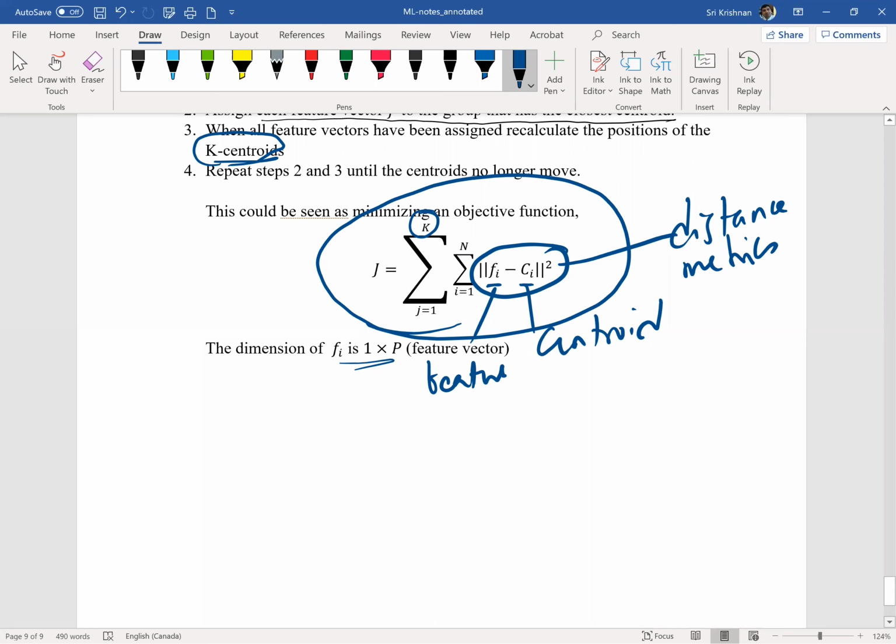So it's a simple supervised learning approach. There is a subtle difference between k-means and KNN: KNN is a supervised approach, whereas k-means is an unsupervised approach.